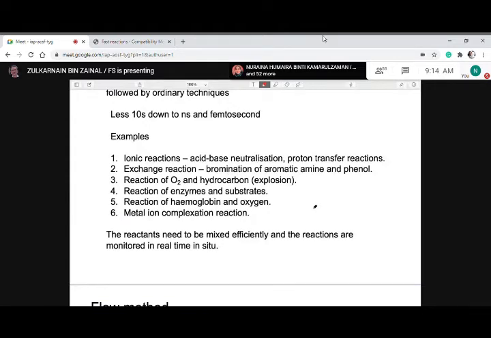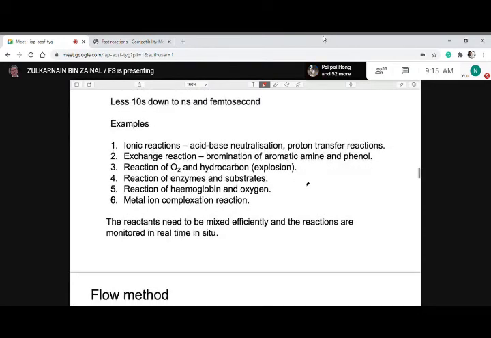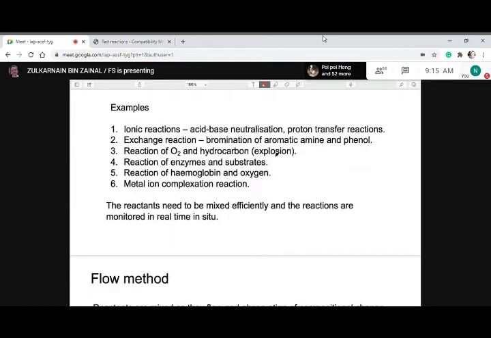Okay, and then exchange reactions, for example, the combination of aromatic amine and phenol. These are also very fast reactions. Reaction of oxygen and hydrocarbon is an explosion reaction. This is all very fast. Also, the reaction of enzyme with substrate is considered a fast reaction. Hemoglobin and oxygen is also a very fast reaction, right?